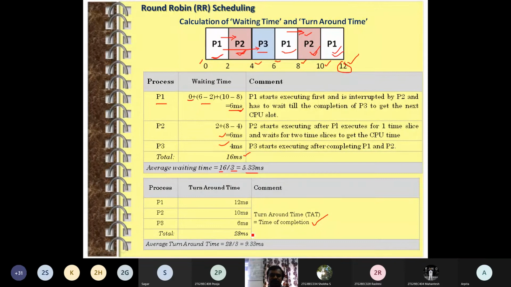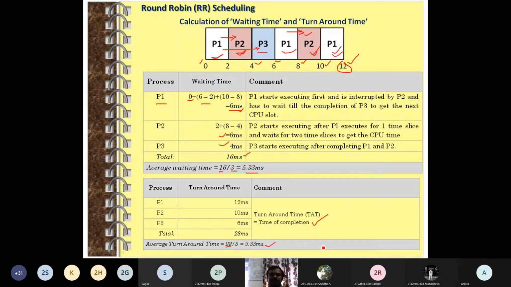The average turnaround time for any process is 28 divided by 3, the number of processes, which is 9.33 milliseconds.